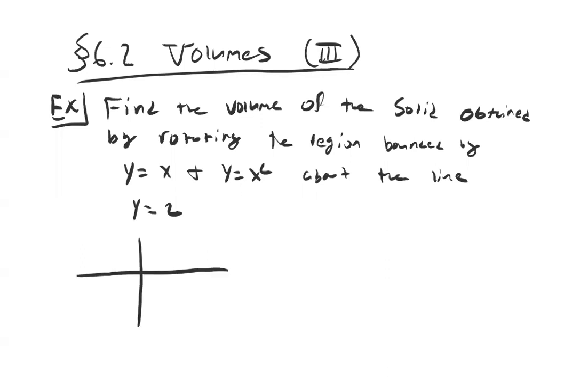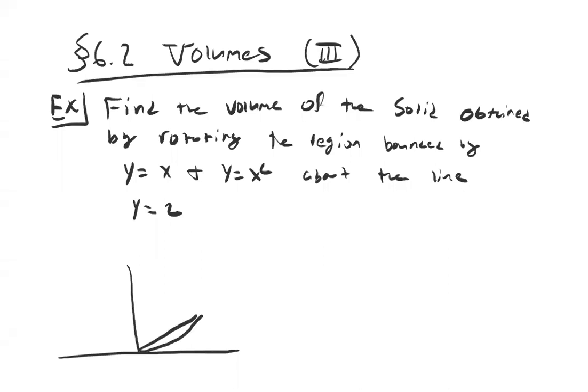So I'm going to draw this again. I'm going to modify how I'm drawing this so I get a better picture. So what this looked like was I had something that looked like this. And now I'm looking at the line y equals 2 here.